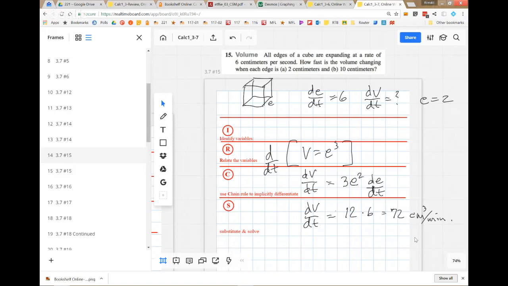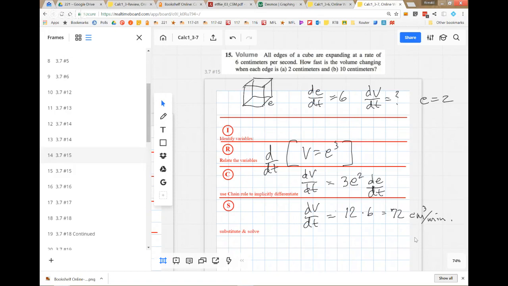Something just to keep in mind strategy-wise. Here's a case where you had to come up with the formula V equals E cubed, but I'm pretty sure you all know length times width times height is volume. And in this case, length, width, and height are all E. So part of the challenge is coming up with that equation.